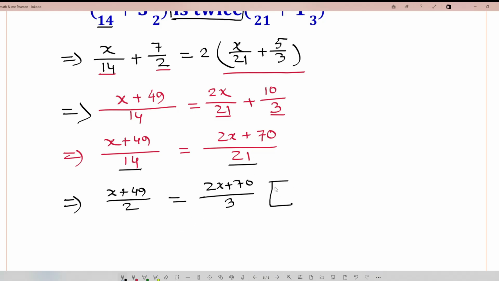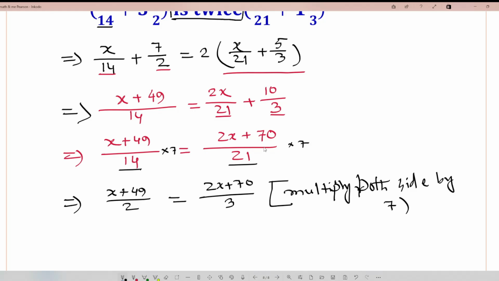And we multiply both sides by 7. Once we multiply both sides by 7, 14 divided by 7 is 2 and 21 divided by 7 is 3. So we are writing like this.